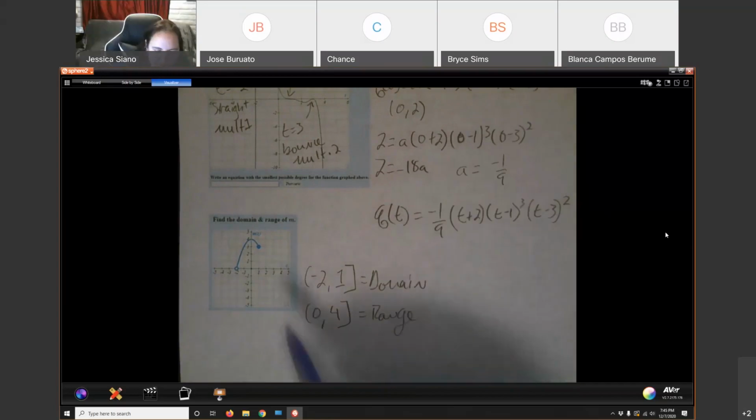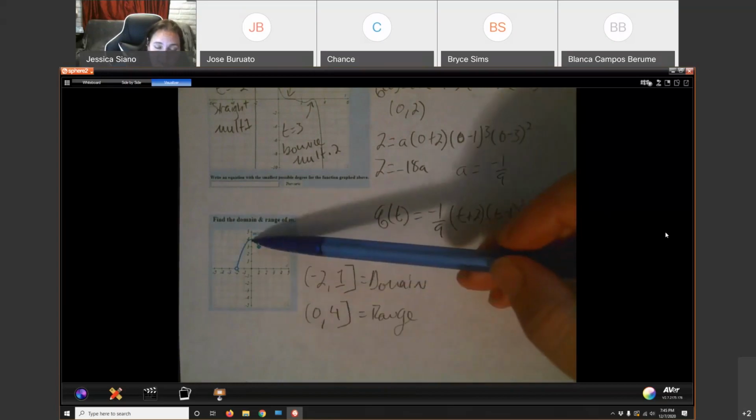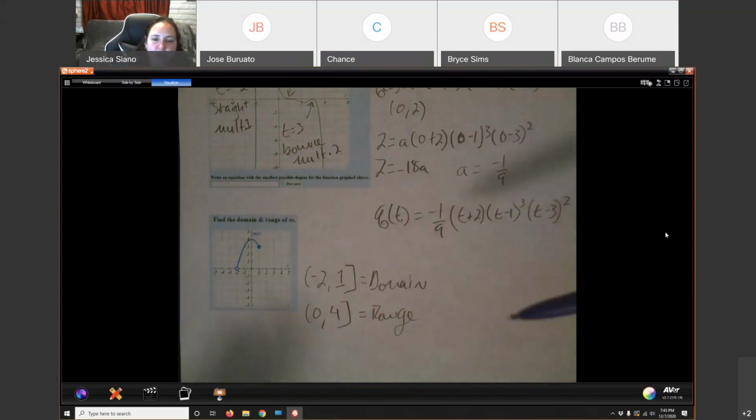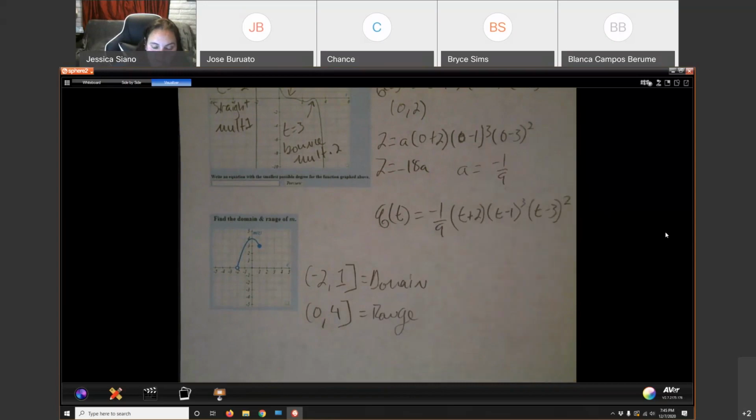So open circle again means that I put a parenthesis around that. And since the 4 is a point on the graph, anything on the line would be considered a closed circle. So the 4 gets a bracket, excuse me.